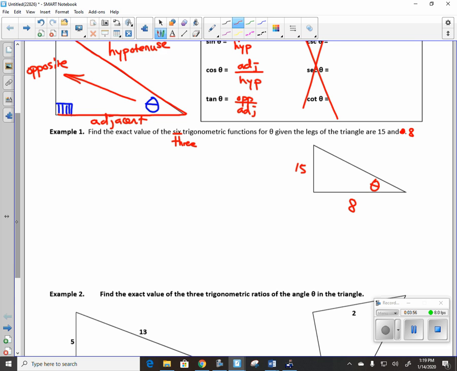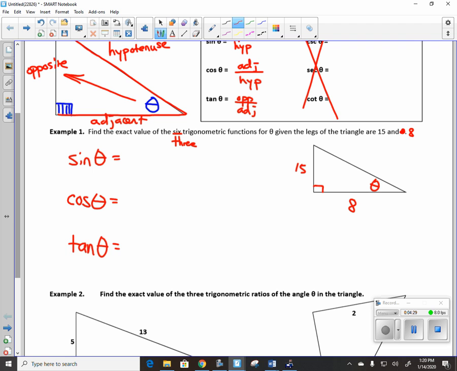And I want to write an expression for sine of theta, cosine of theta, and tangent of theta. In order to find sine or cosine, what side do I need to find? The hypotenuse. How can I find the hypotenuse for a right triangle? Okay. The Pythagorean Theorem.